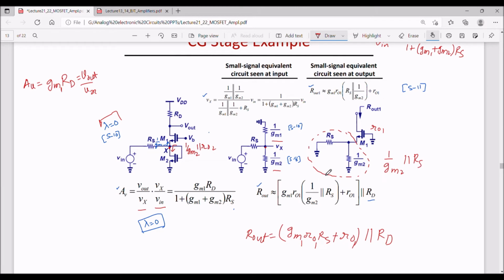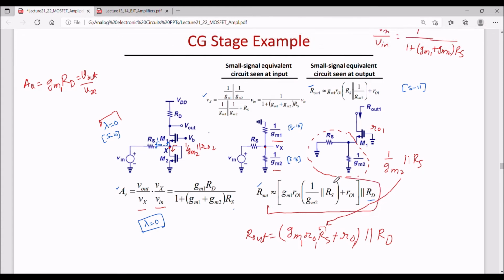So this is total RS, this much, right? So if I put it here, we get this equation. That is, output impedance is gm1 ro1 multiplied by (1/gm2 parallel to RS) plus (ro1 parallel to RD).